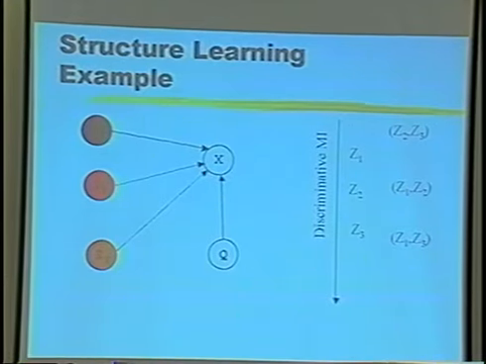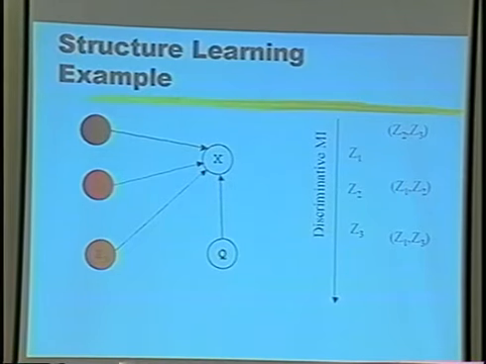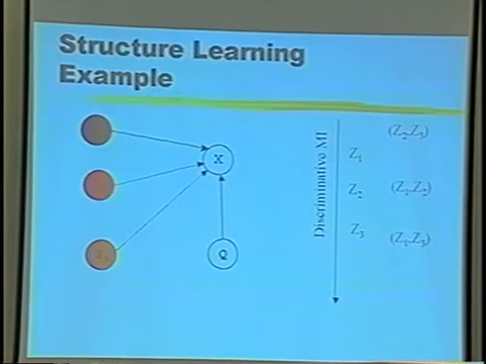So if we only had bivariate mutual information, and we want to have one link, one parent for variable X, then we go with Z1 because it has the highest discriminative mutual information. The problem is if you want to have more than one link, say two links, then the only information we have is that Z1 and Z2 have the highest discriminative mutual information, but that doesn't necessarily imply that Z1 and Z2 taken together have the highest mutual information. So that's the first reason why we need multivariate mutual information.